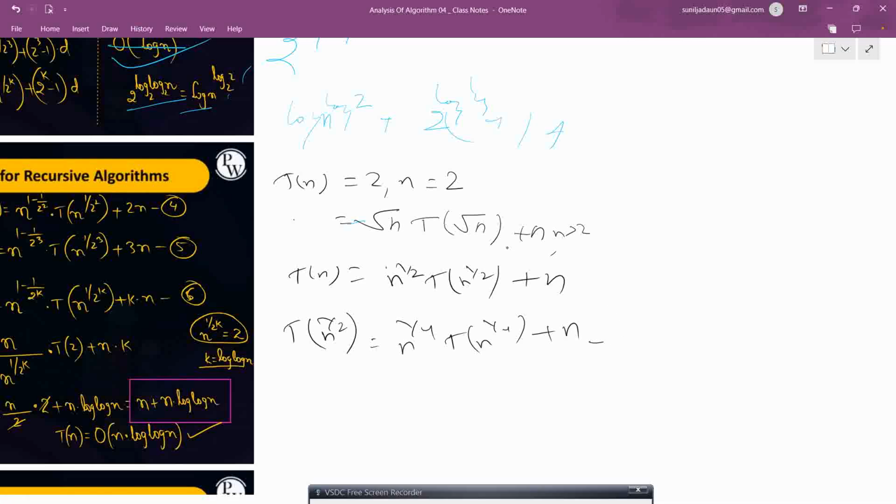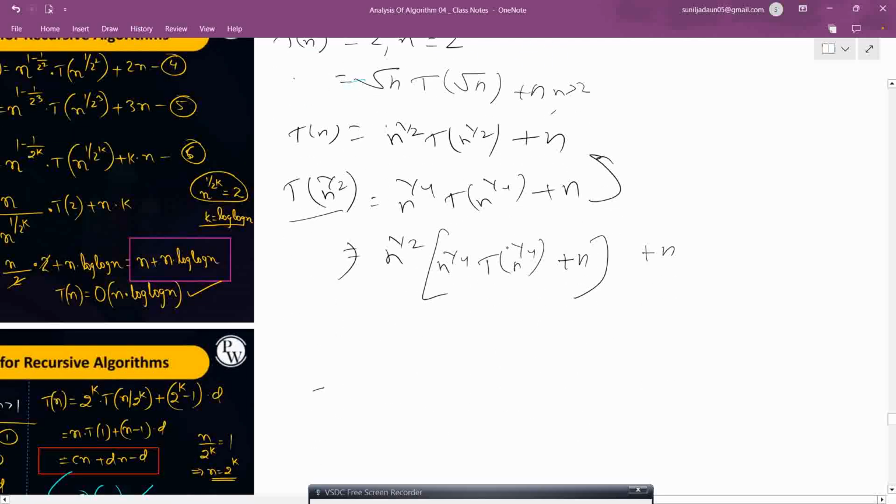If we substitute it in this, we get n power 1 by 2 into n power 1 by 4, T of n power 1 by 4 plus n plus n.